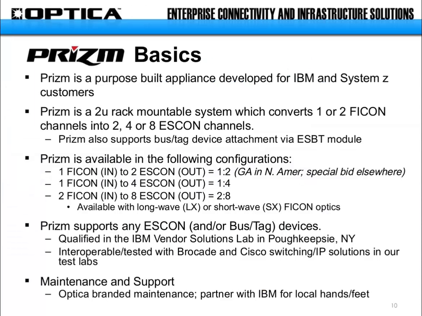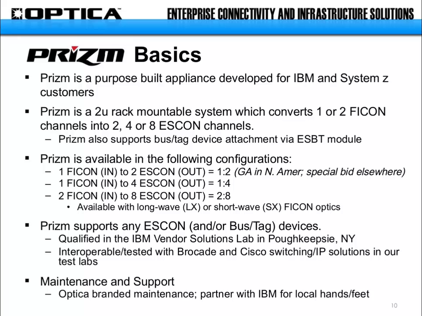Okay, so let's talk a little bit about the Prism solution itself. If you remember the previous generation of product, the ESCON to bus and tag converter that Optica called the FXBT, that was a single channel in, single channel out. The Prism solution is an appliance-based solution, and therefore it's multi-channel.